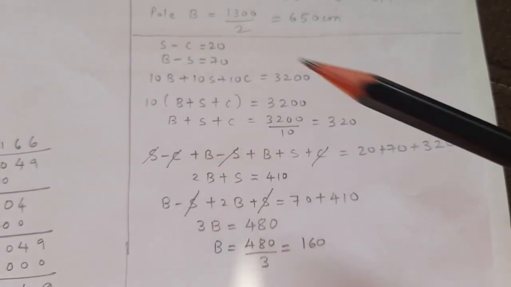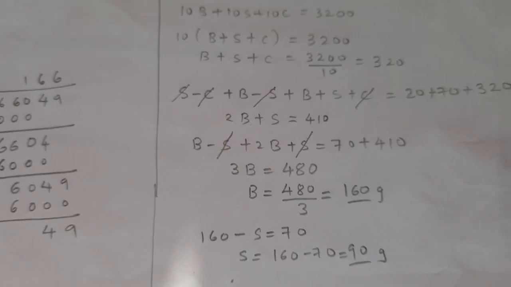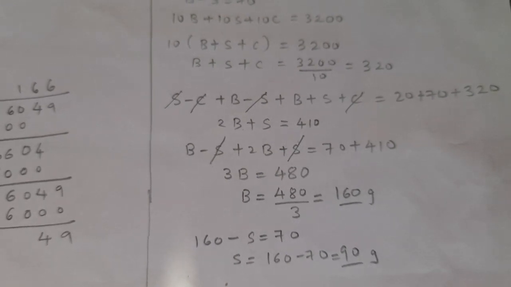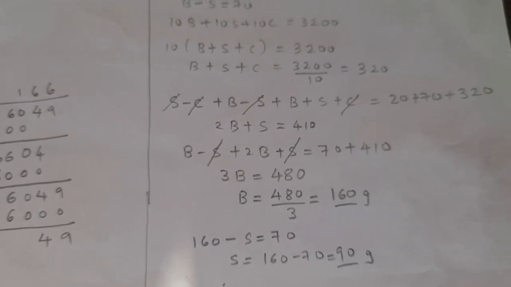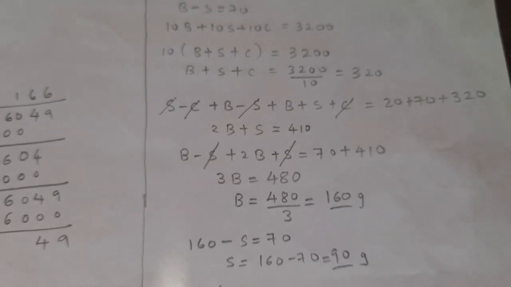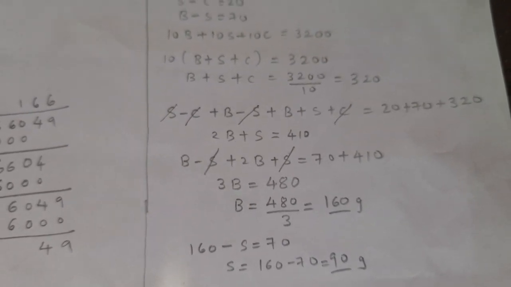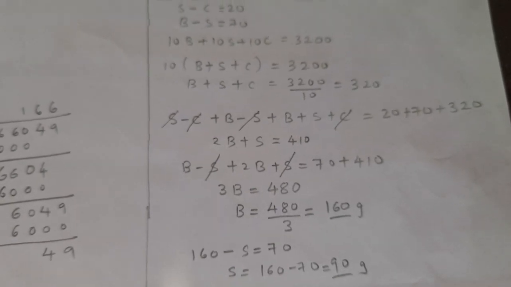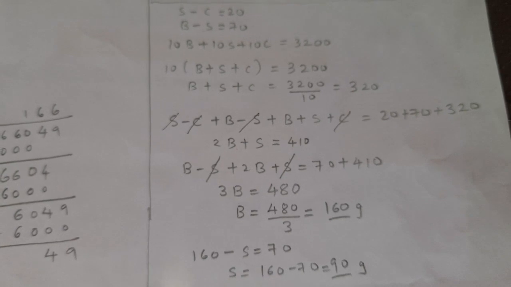So let us use this. Using that equation, what I got is 160 minus s is equal to 70. Okay, so s is equal to 160 minus 70, which is equal to 90 grams. So now we have got big cube and also small cube. So using that, we can find value of cylinder.